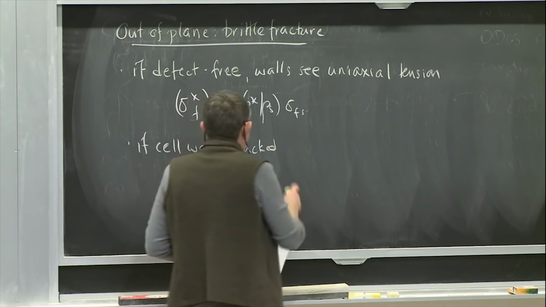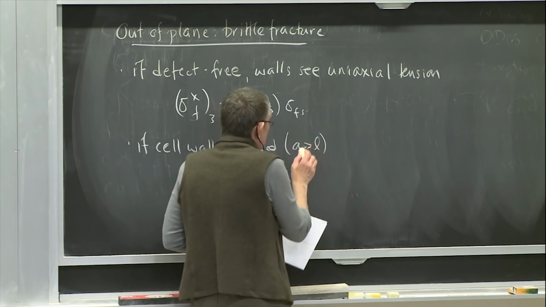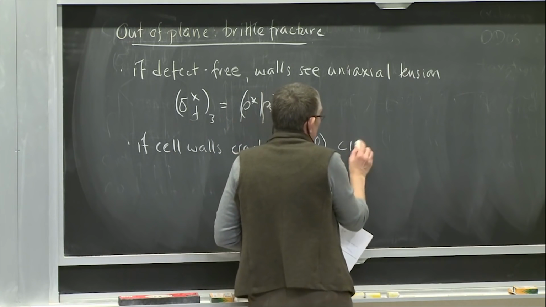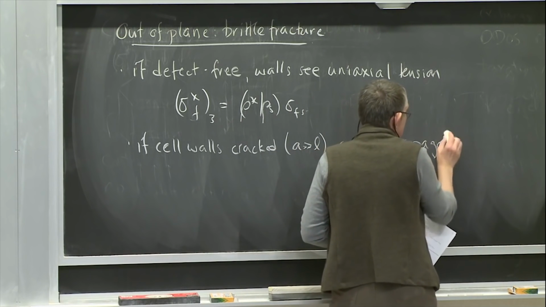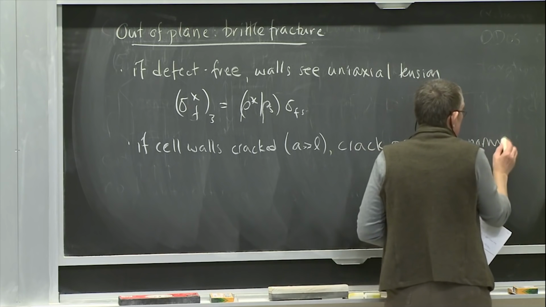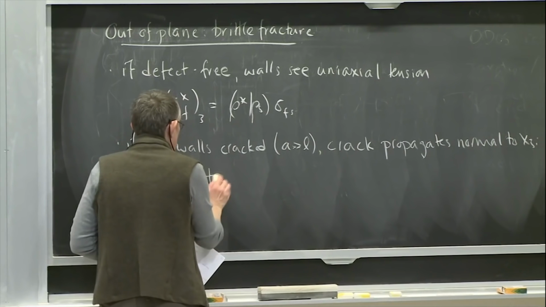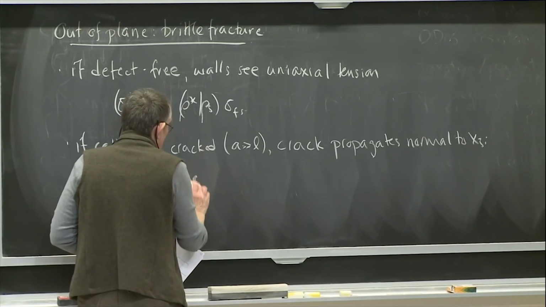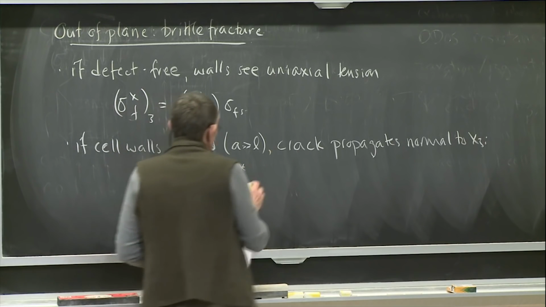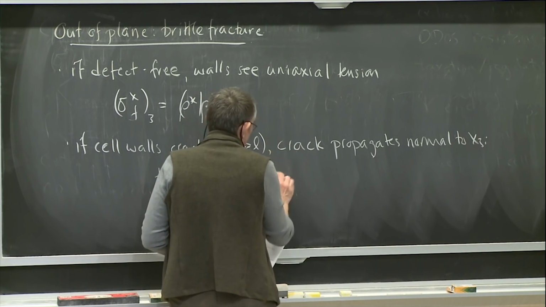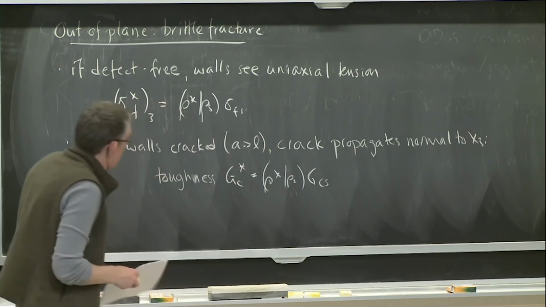So if the cell walls are cracked, and if the crack length is very much bigger than the cell length, and the crack propagates normal to x3, then we can say the toughness GC, or the critical strain energy release rate, is just equal to the volume fraction of solid times GC for the solid.